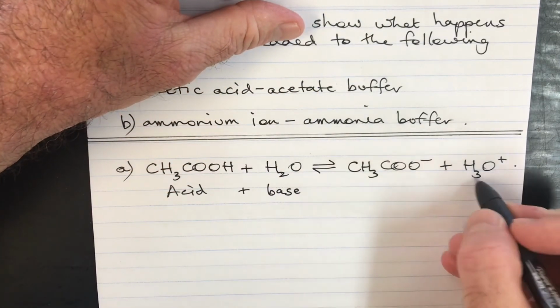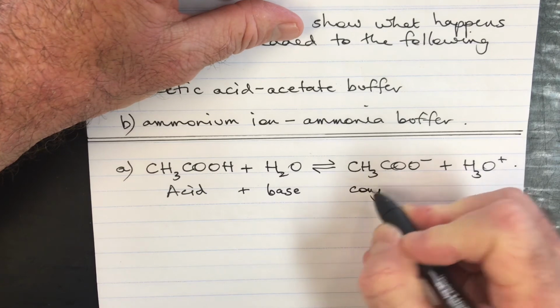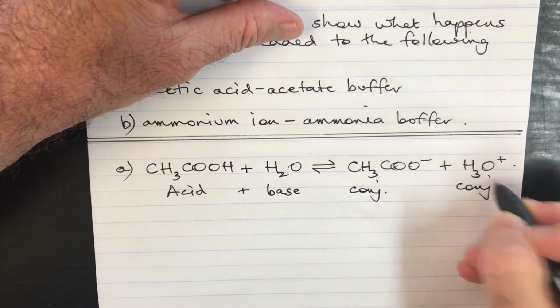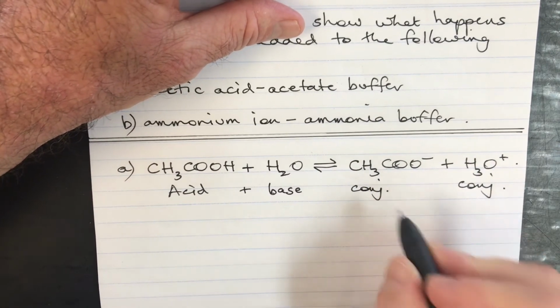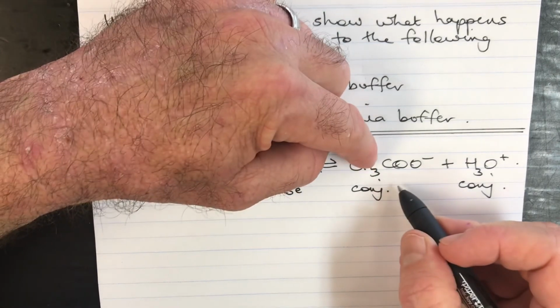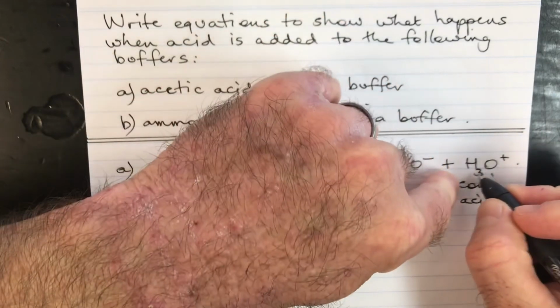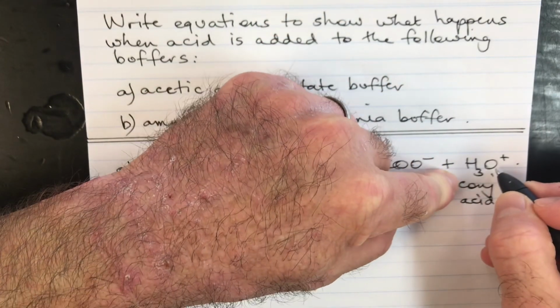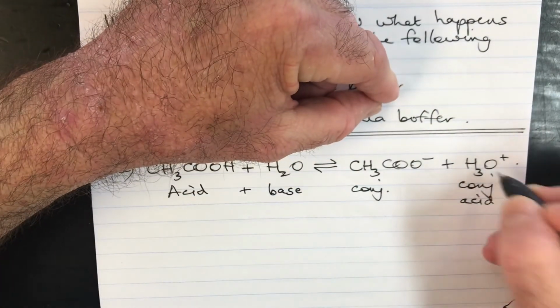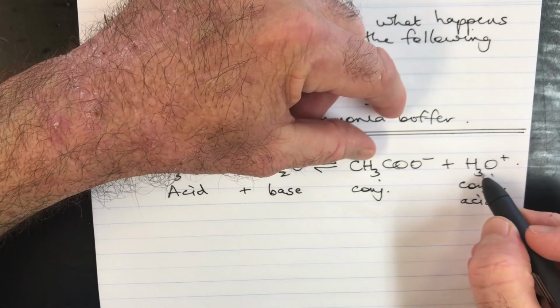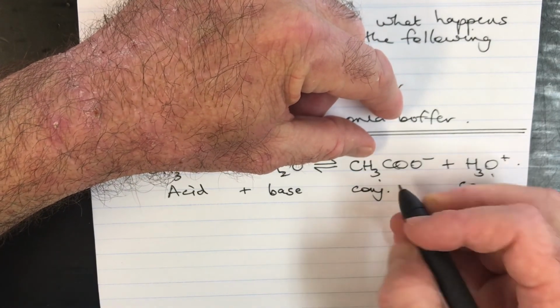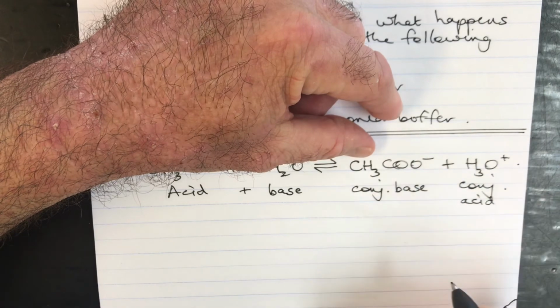Bases are substances that accept a hydrogen ion. And these two must be the conjugates. We'll start with this one. Conjugate acid, this one, because the hydronium ion is an acid, the acid particle. It's got an ionizable hydrogen ion, and this must be the conjugate base.